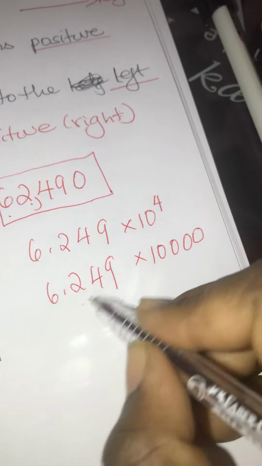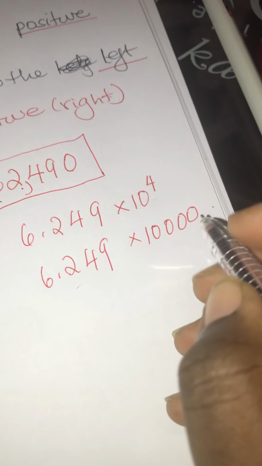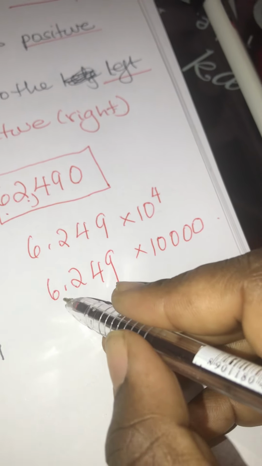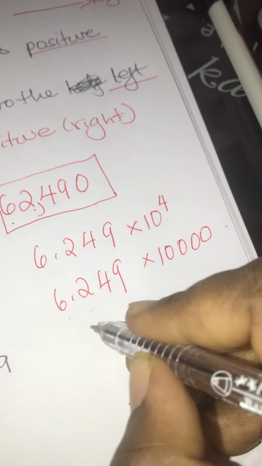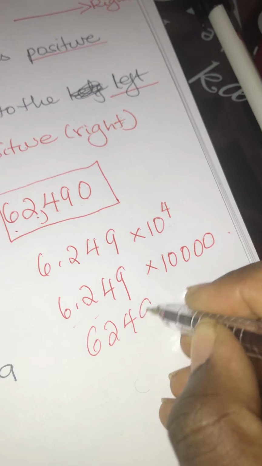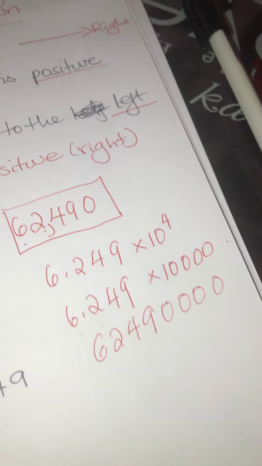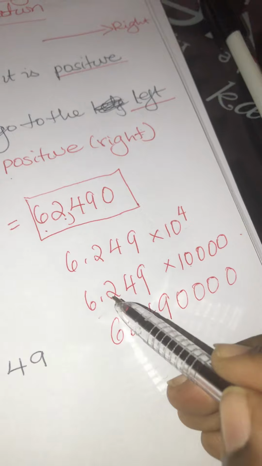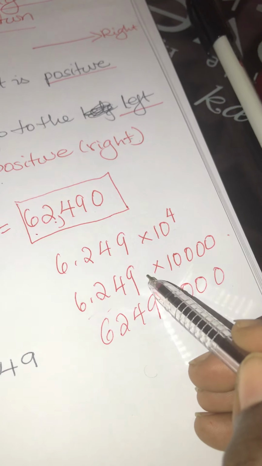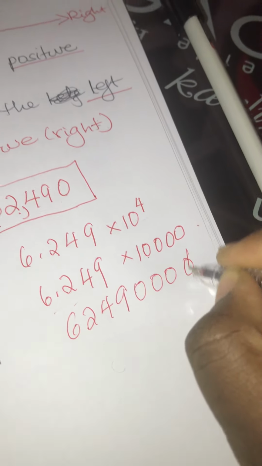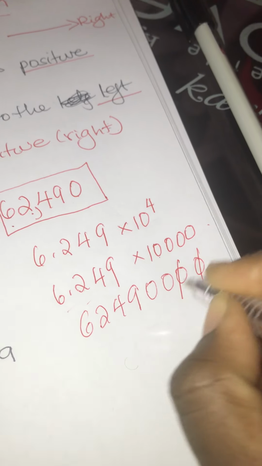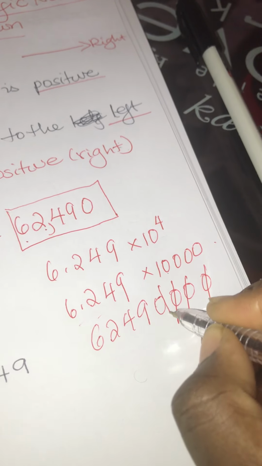So how do I do it when I'm multiplying a number with zeros? I just write my coefficient, 6249, with 4 zeros, 1, 2, 3, 4. And then for every digit after the decimal, I cross out the 0. So 9, 4, and 2. So this is my answer.